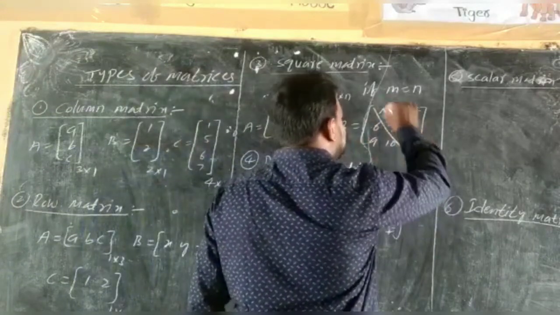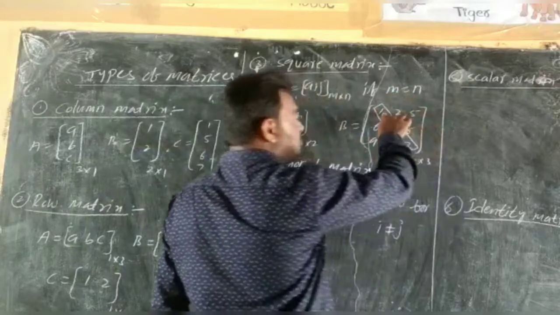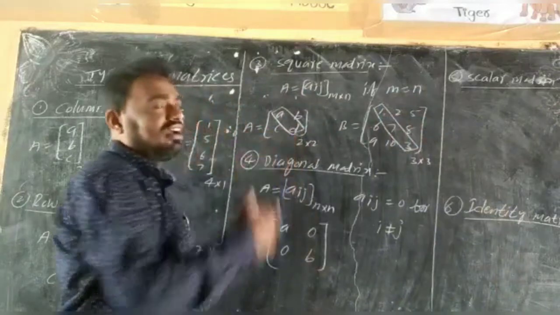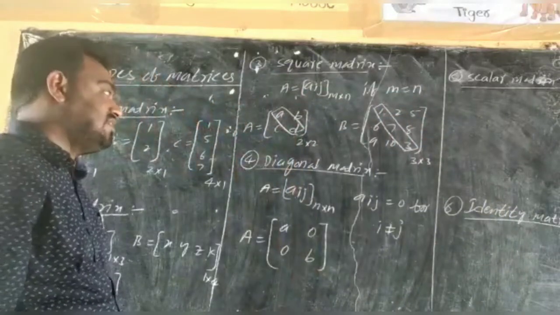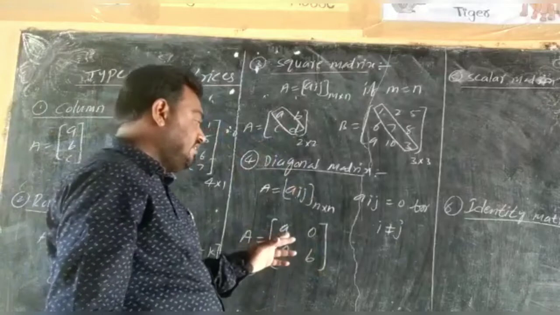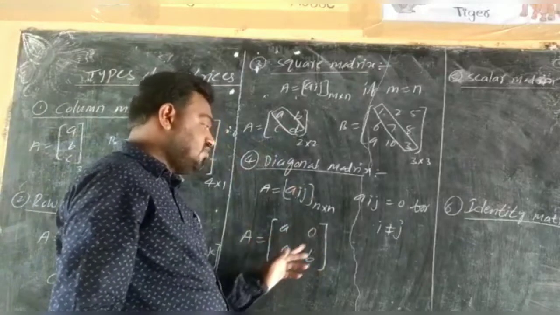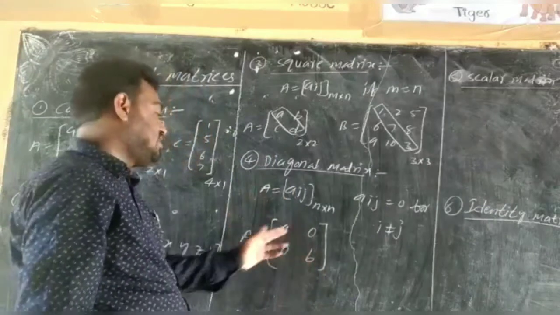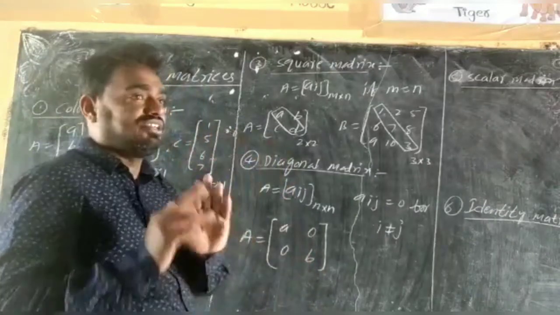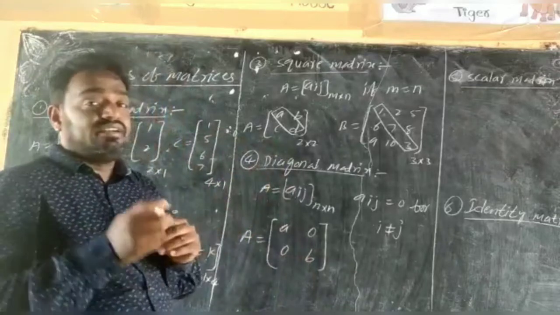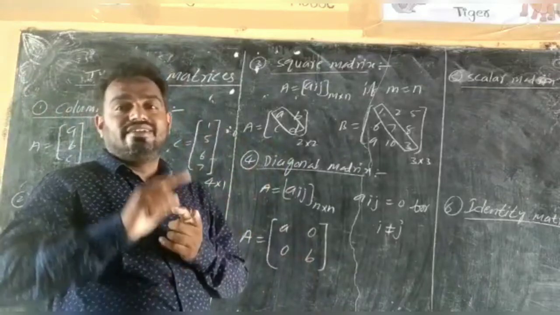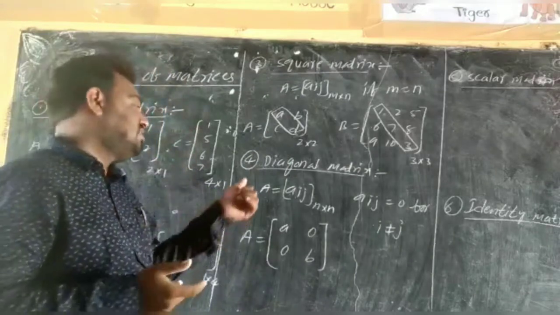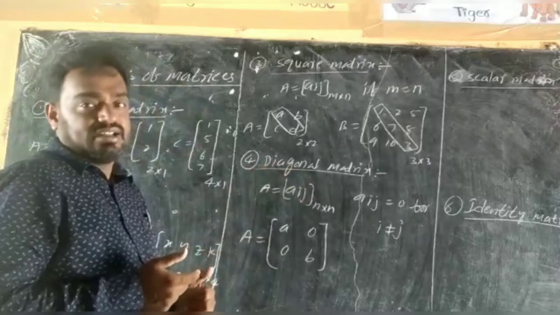In this matrix, this is the diagonal, right? Because this is the 1 1 position element, this is the 2 2 position element, this is the 3 3 position element. So these are called diagonal elements. Now you see that if non-diagonal elements are equal to 0 and diagonal elements are not equal to 0, then it is called a diagonal matrix. Understood?